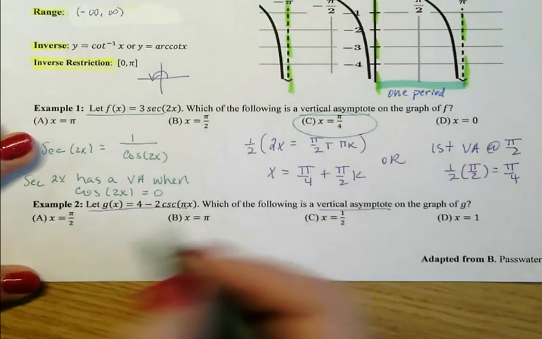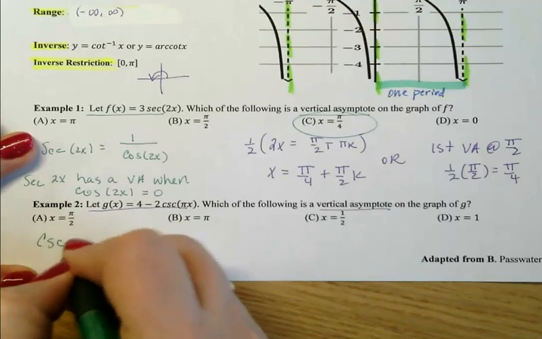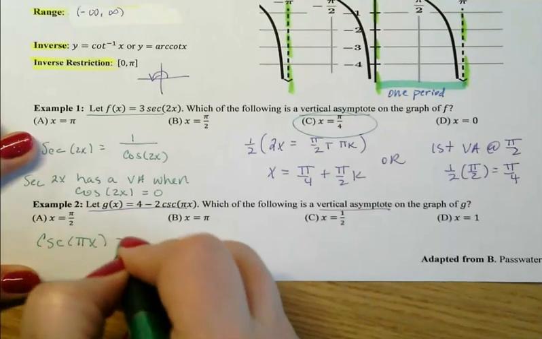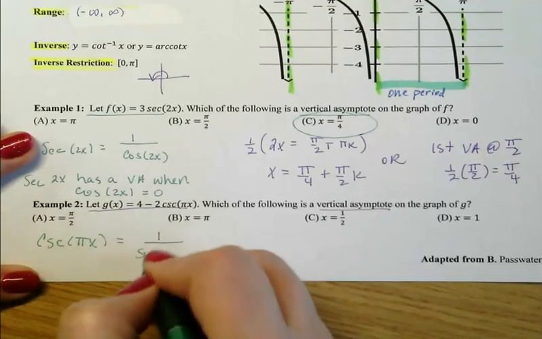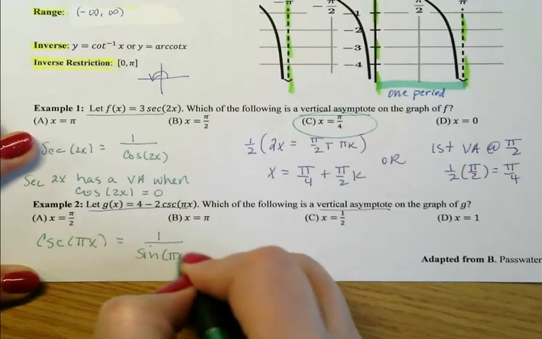So remember that we're thinking cosecant of pi x equals 1 over sine of pi x.